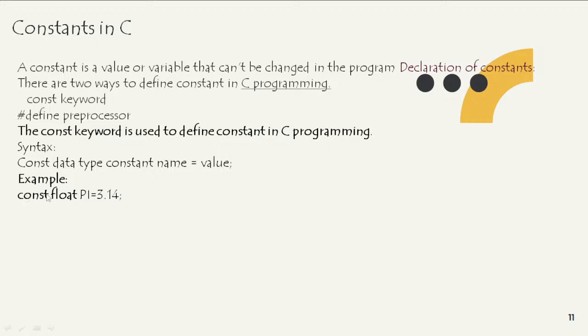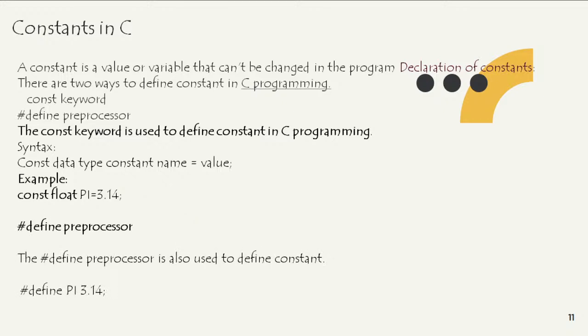So here is a simple example. If you want to declare a constant, simply use the keyword const, float is the data type here, my constant name is pi, and I am assigning the value 3.14 to this constant variable.